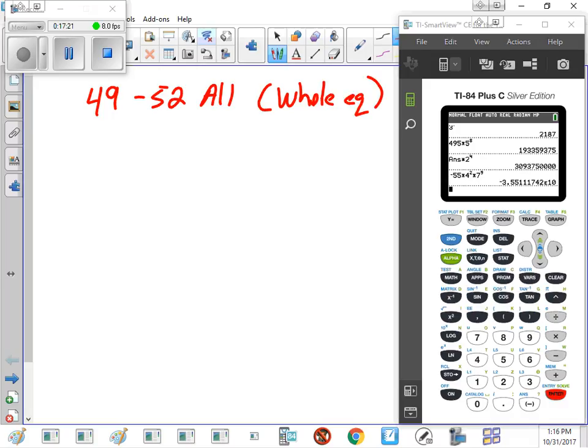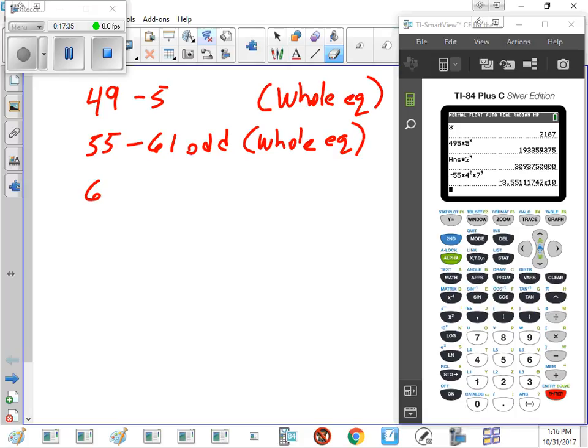And then you're going to do 55 to 61 odd, and this is also the whole equation. And then 63 to 69 odd, you're only doing a single term.